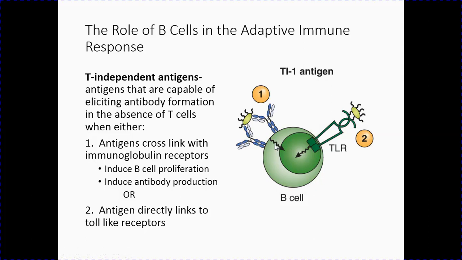So this is T independent. We don't need the T cell to do that. We also have the capacity for the antigen to link directly to a toll-like receptor. If you remember when we talked about toll-like receptors, you can have the antigen link directly to the toll-like receptor and activate the B cell. So we don't need a T helper cell in order to do that.